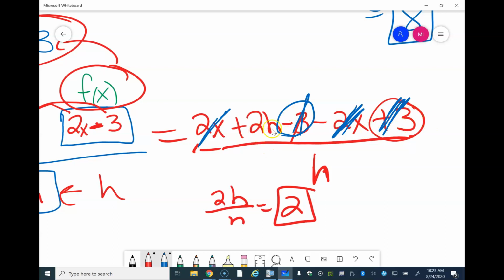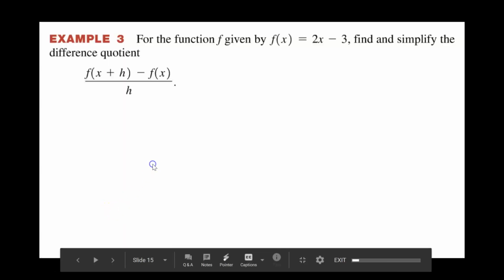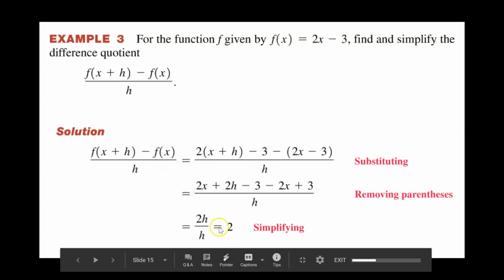So the only thing left over is 2h over h, and we cross these out because they cancel each other out. The answer for this particular one would just be 2.